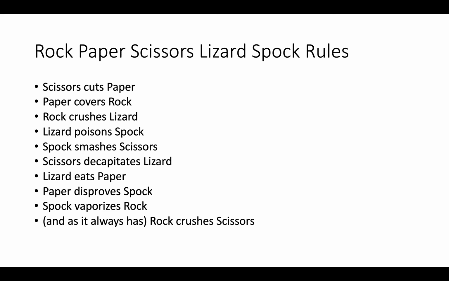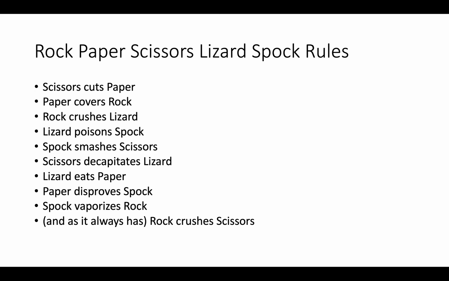The example we're going to use is the game from The Big Bang Theory that was invented by Sheldon called Rock Paper Scissors Lizard Spock. And that was an extension to the Rock Paper Scissors game that we're all familiar with. And here are the rules for Rock Paper Scissors Lizard Spock.